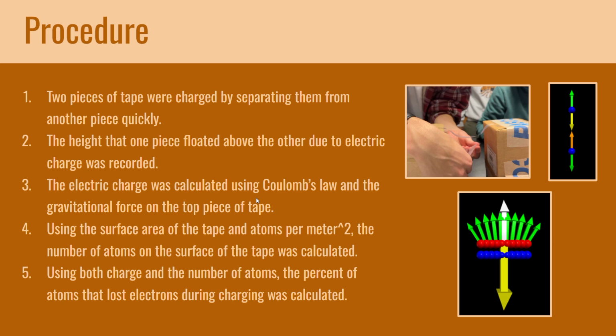And then, this was in the last lab, and I just felt it was kind of important to keep it in, using the surface area of the tape and atoms per meter squared, the number of atoms on the surface of the tape was calculated, and then we did that calculation based on the percent that was lost.